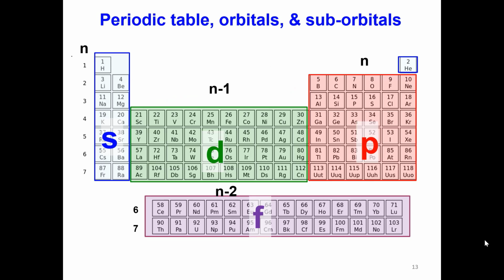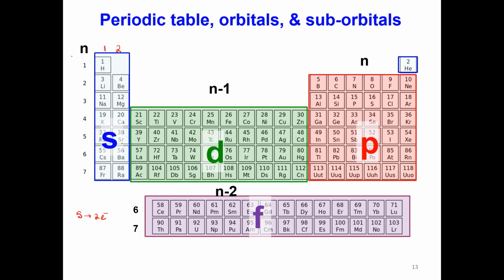We know the subshell S holds up to 2 electrons. This is why the S block has 2 columns, because the S shell can hold up to 2 electrons.